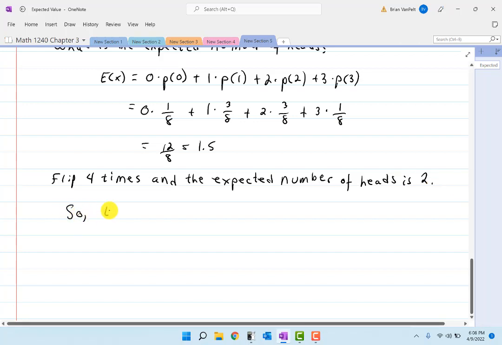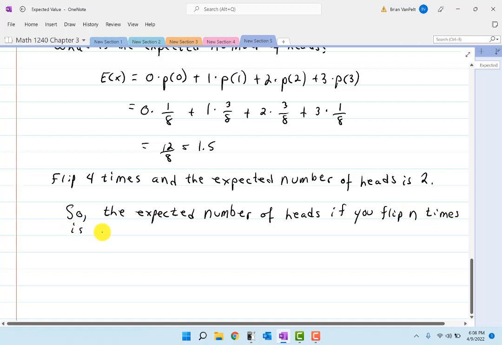So the expected number of heads if you flip n times is n over 2.